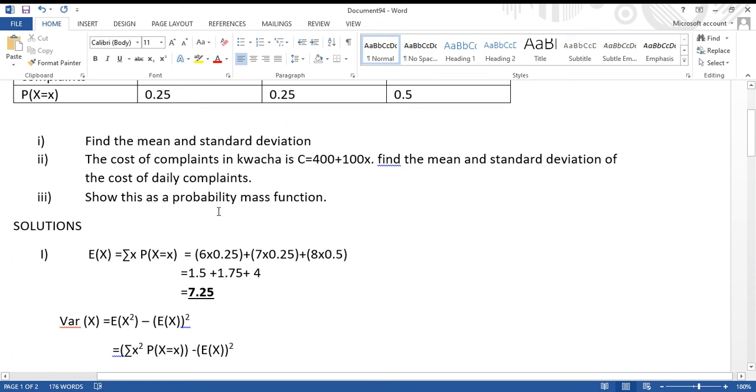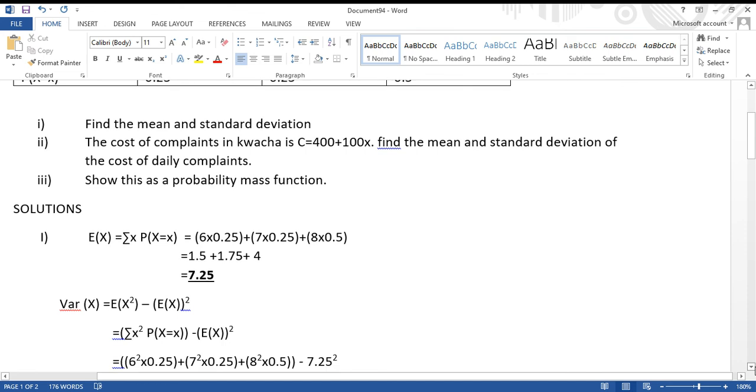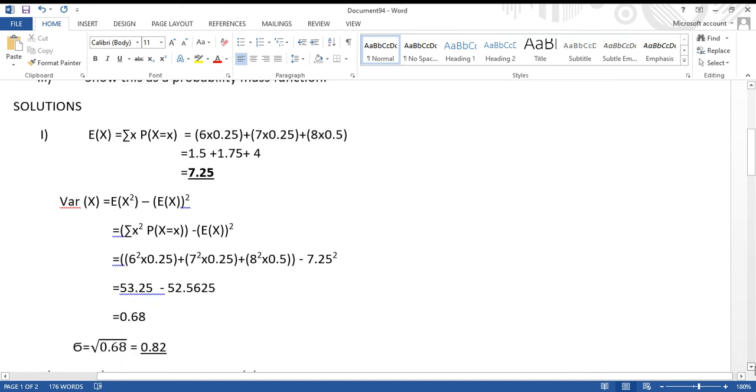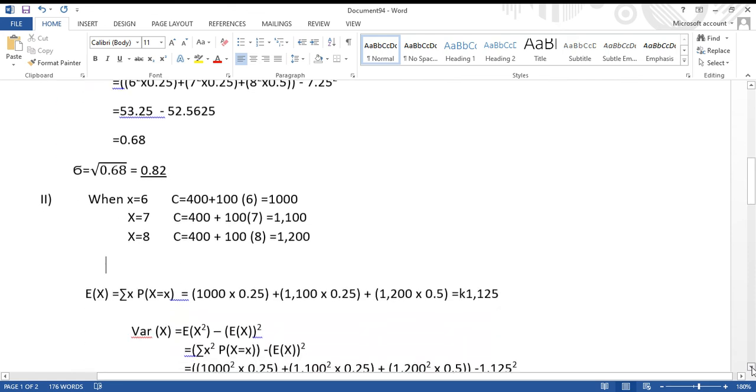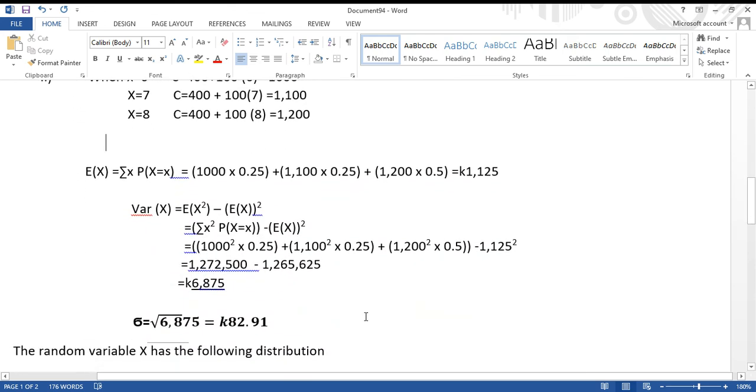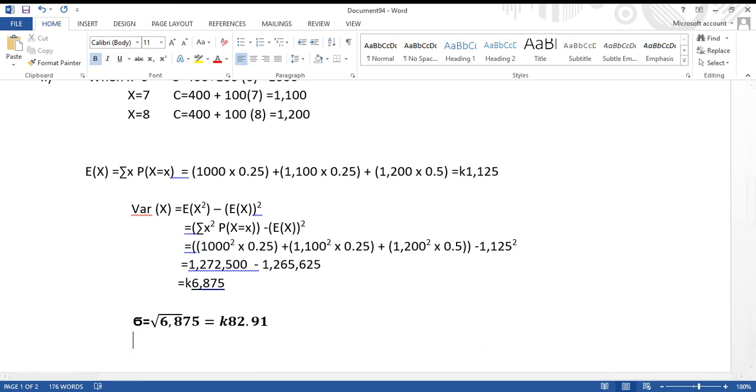Then they've told us to show this as a probability mass function. A probability mass function just shows the probabilities of each random variable. So let me write that down on the board. Let me write the probability mass function.